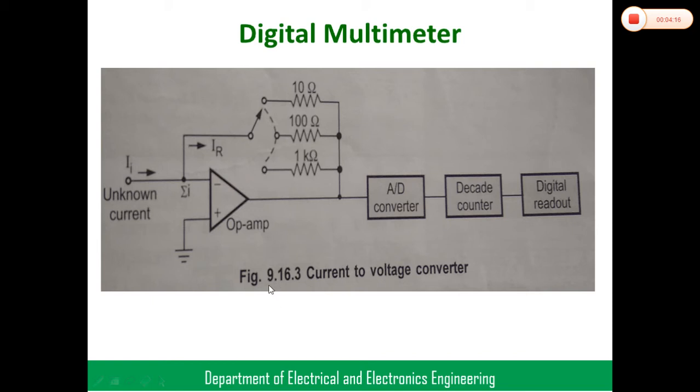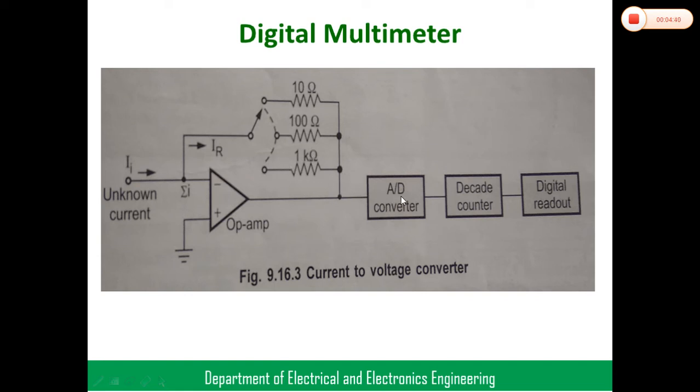This current IR causes a voltage drop which is proportional to the current to be measured. This voltage drop is the analog input to the analog to digital converter, thus providing a reading proportional to the unknown current.